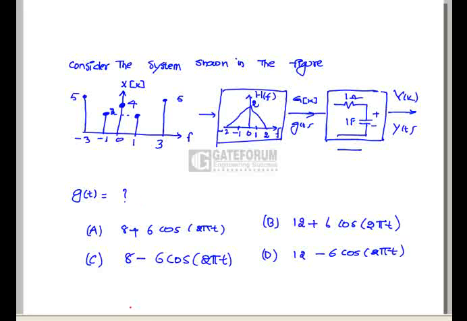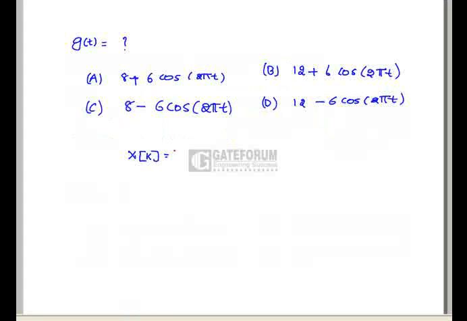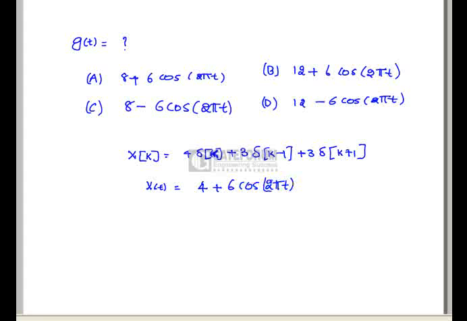Here x of k we can write as follows: X of k equals 4 delta of k plus 3 delta of k minus 1 plus 3 delta of k plus 1. If we apply the time domain equation, that is x of t, then we will get 4 plus 6 cos 2 pi t, which is a continuous equation. Even though x of k is a discrete domain signal, x of t is the continuous time signal.